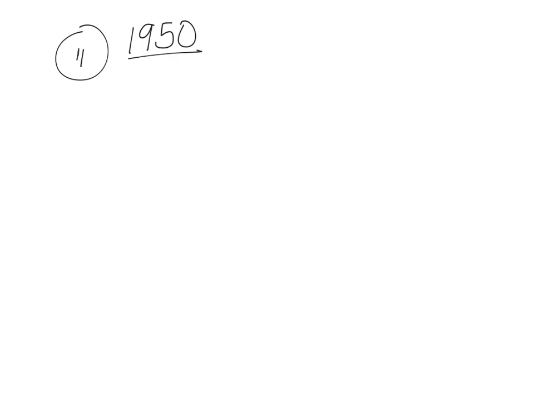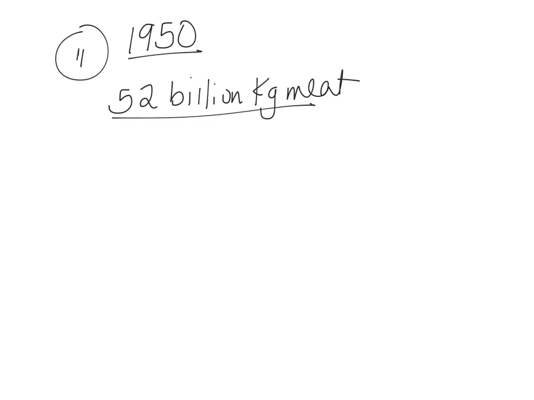In 1950, let's figure out how much meat per capita means per person. So we have 52 billion kilograms of meat, and this is divided by 2.6 billion persons.